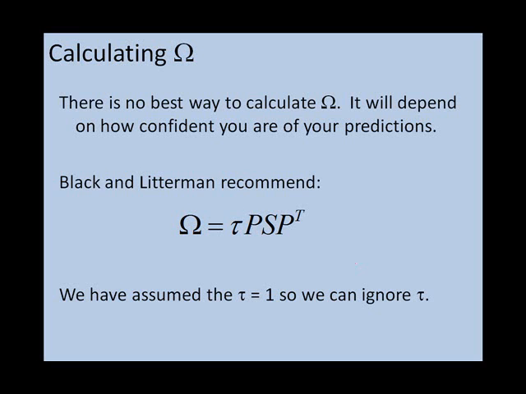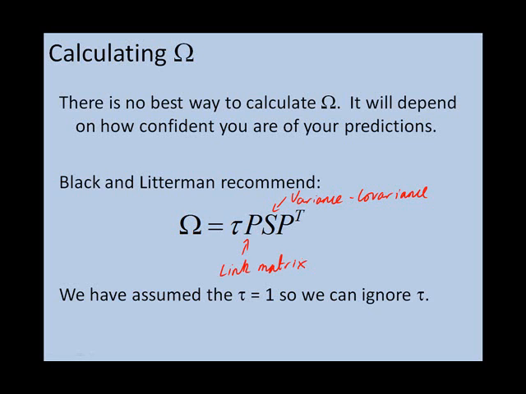But as a base estimate of omega, Black and Litterman recommend the following formula. Omega should be equal to tau times P times S times P transpose. S, remember, is just the variance-covariance matrix for all stocks, while P is the link matrix.